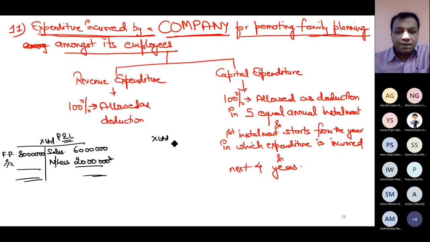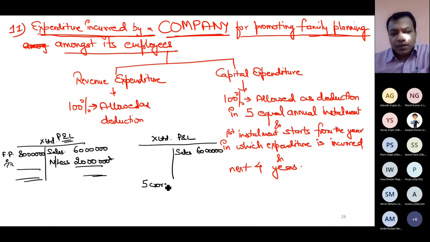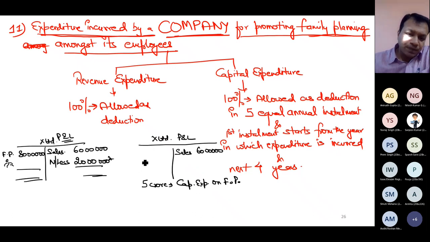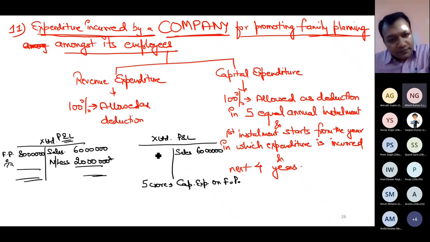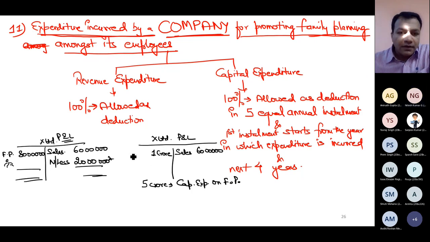I am X Limited. P&L account. Sales 60 lakh. I incurred 5 crore as capital expenditure on family planning. Can you tell me how much maximum I can show on the debit side of the P&L account? 60 lakh. 1 crore. Capital expenditure on family planning.